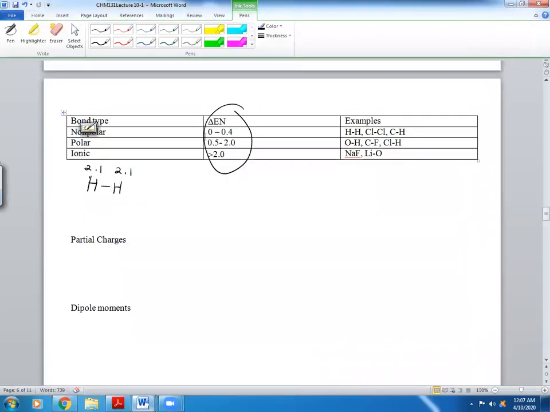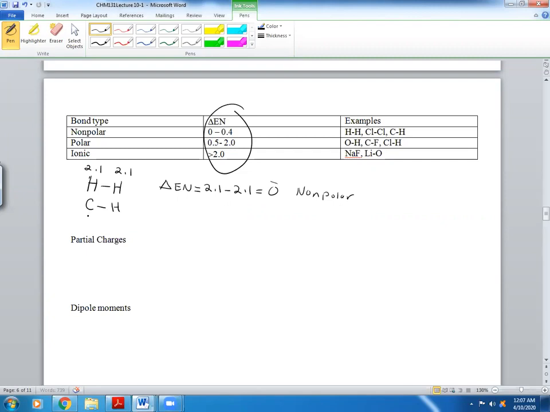Delta EN is 2.1 minus 2.1, which is 0. Where does 0 fall? Right here, between 0 and 0.4. So that's nonpolar.